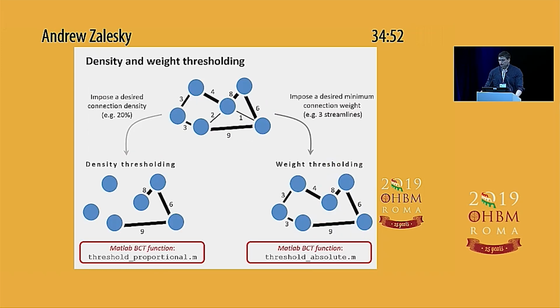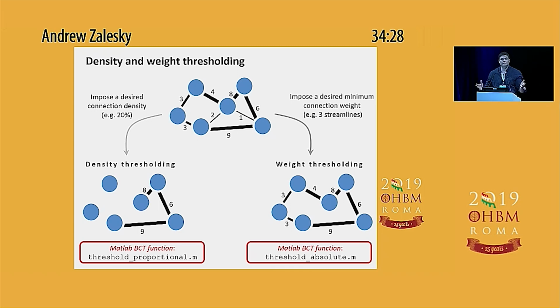There are 2 very broad classes of thresholding, and here I want to present those to you in terms of, once again, a very simple toy graph. The numerals that I've indicated on the graph edges could, for example, correspond to streamline counts. One way to threshold the graph is using an approach called density-based thresholding.